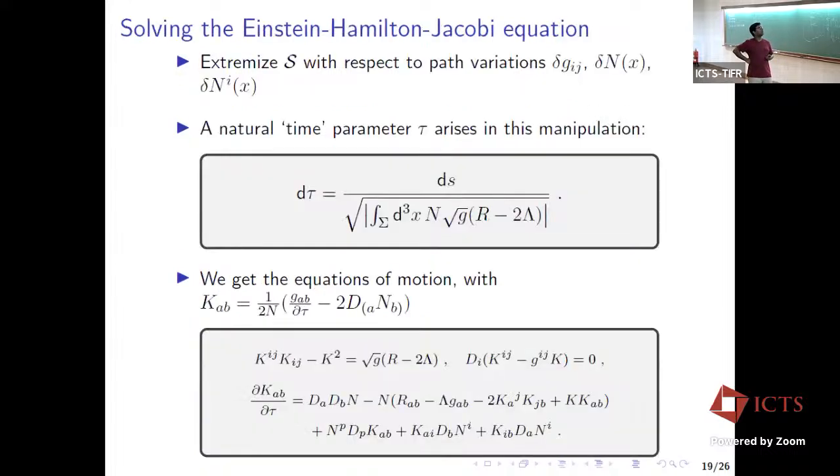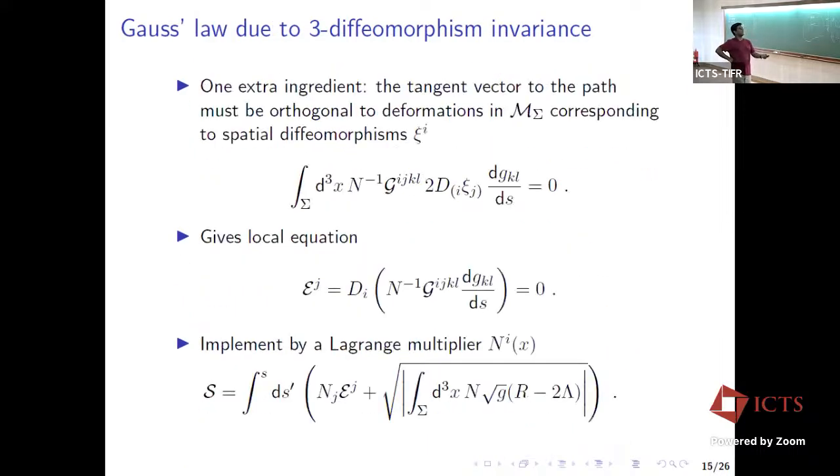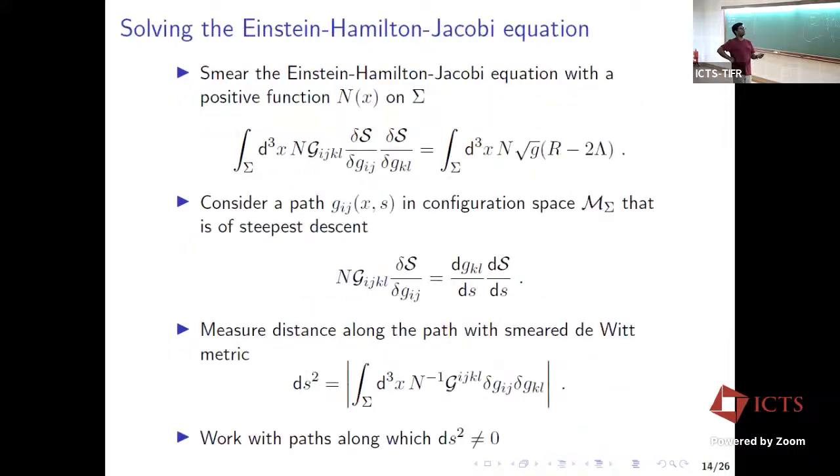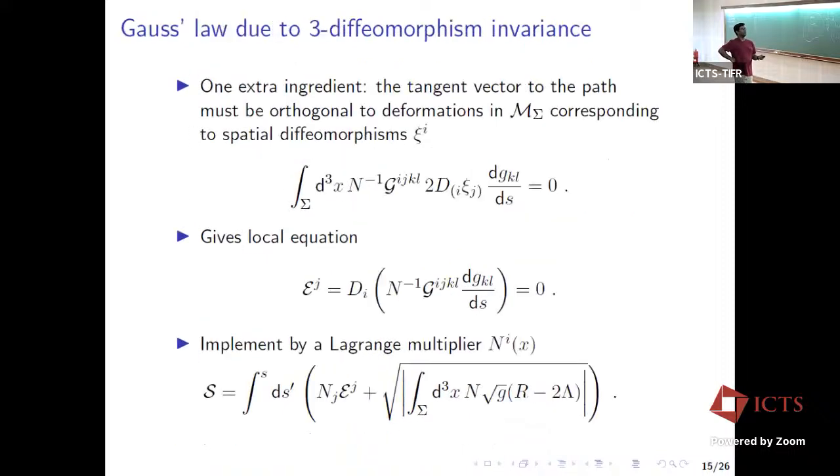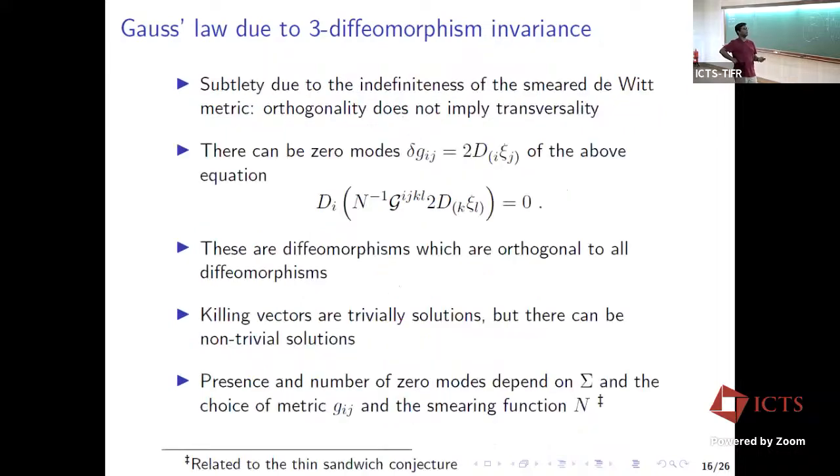Okay, so let me come back to the main thread of the talk. So we start with this expression S, which has this integrand, which came from this Hamilton-Jacobi equation, this one. This is just the square root of the potential. And this is the diffeomorphism constraint implemented with the Lagrange multiplier.